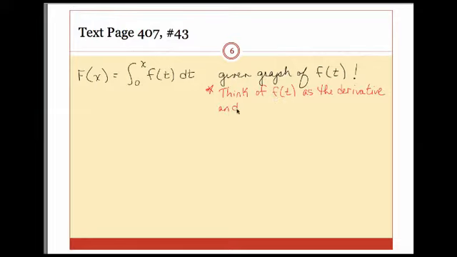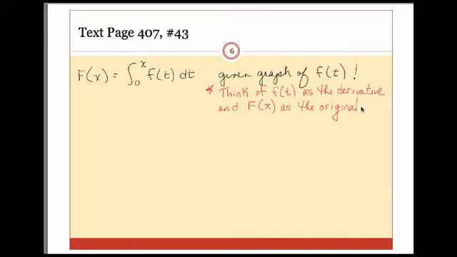And that makes capital F the original. One reason you can do that is because of how they're defining this capital F function. And we know that if we do an integral of something that's a derivative, we get back to the original. We know that to be true.